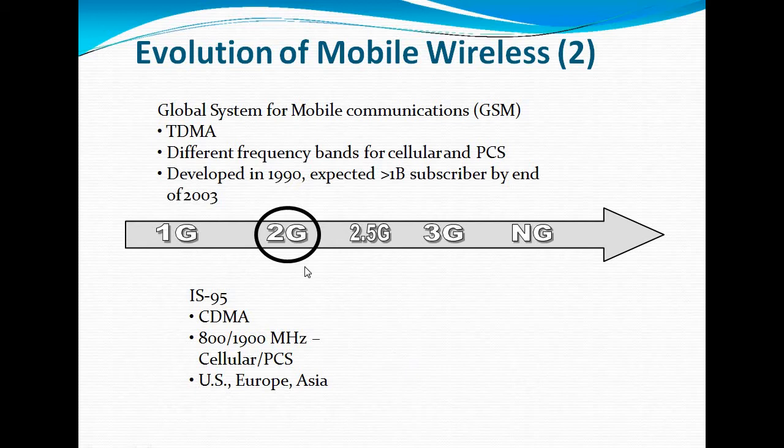It also includes the IS-95 protocol, which uses CDMA in the range of 800/1900 MHz in cellular and PCS, and is basically used in Europe, Asia and USA.